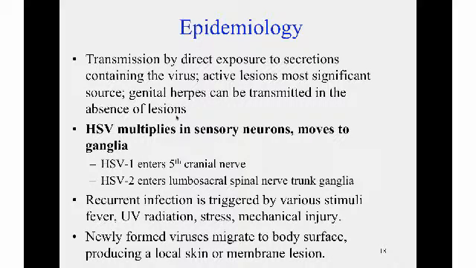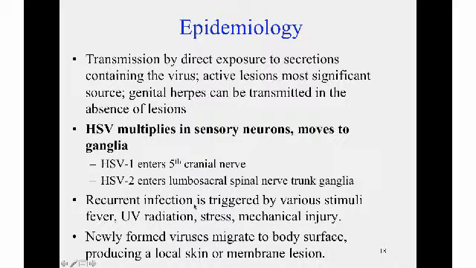Now, the key here to remember with the herpes simplex viruses is that, again, they're associated with these dormant pathology cycles, and the reason behind this is the fact that they will multiply in sensory neurons. So HSV1 will enter the 5th cranial nerve. So it lies dormant in that nerve. HSV2 enters the lumbosacral spinal nerve.